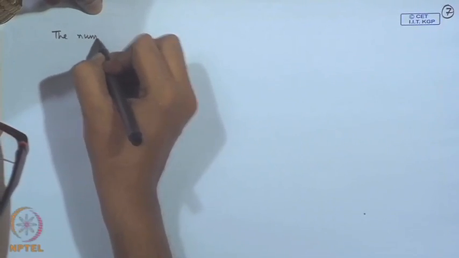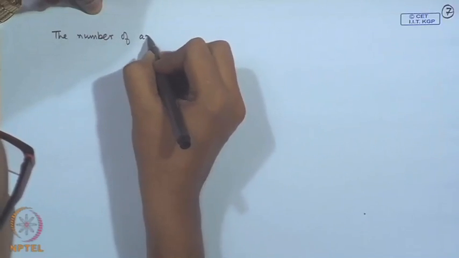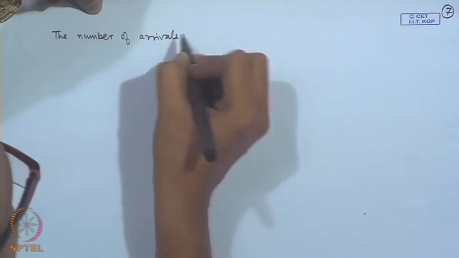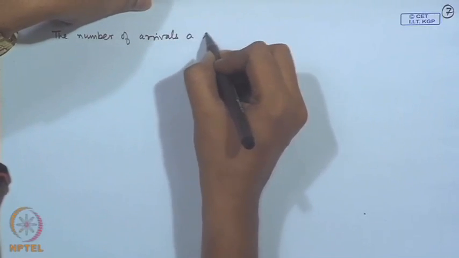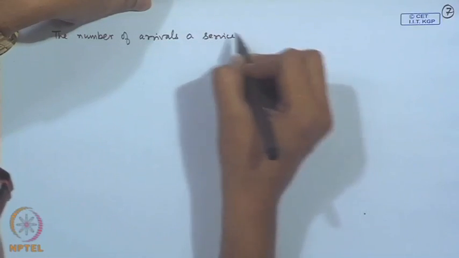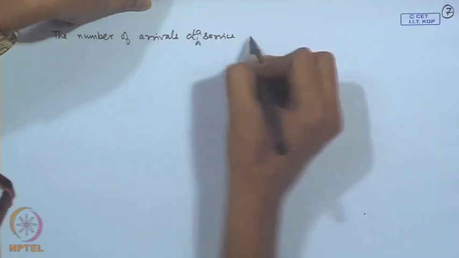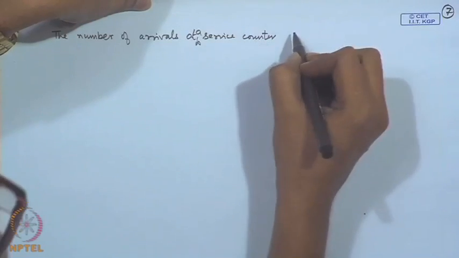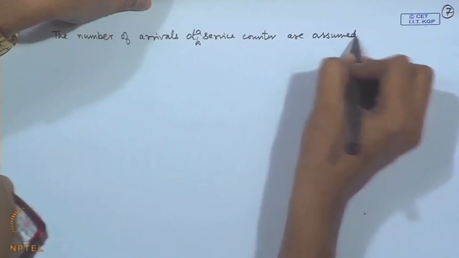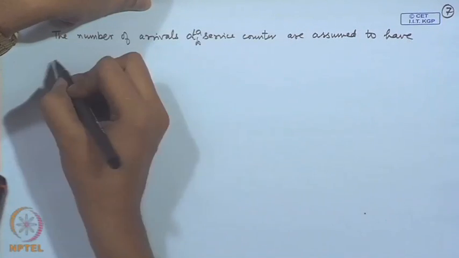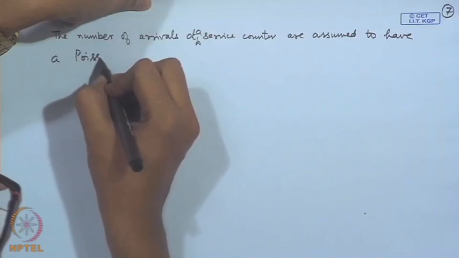The number of arrivals at a service counter are assumed to have a Poisson distribution.